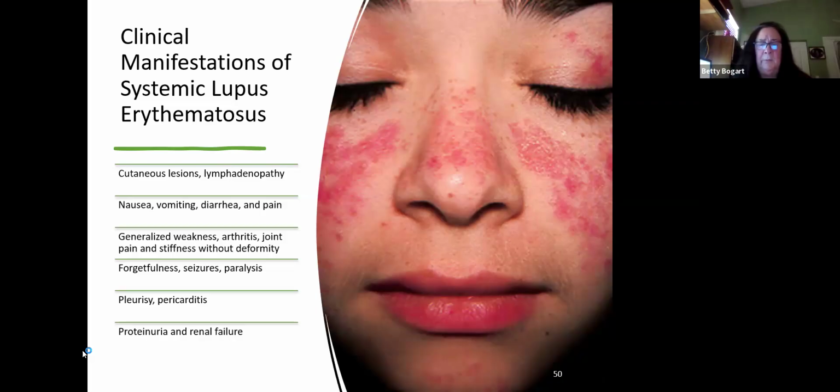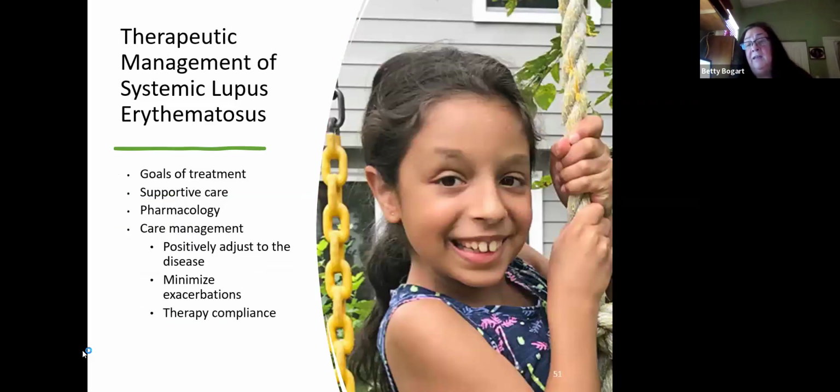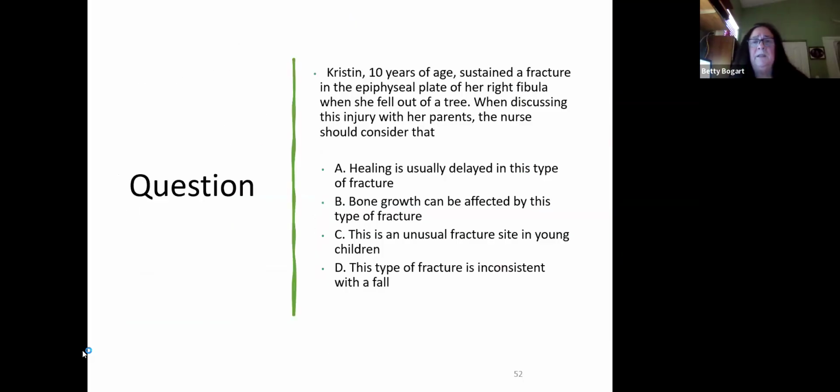And then they find out it's lupus. And treatment is steroids and maybe a biologic on top of that. One of the things that we need to teach our lupus children is that sun can cause outbreaks of lupus.